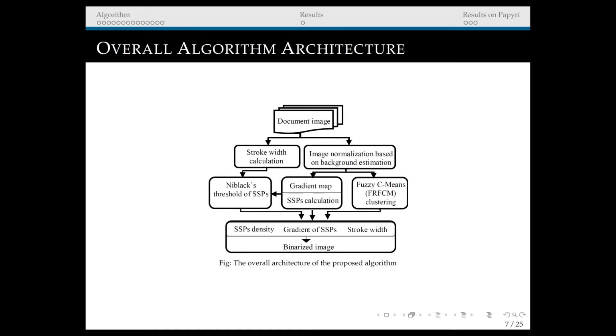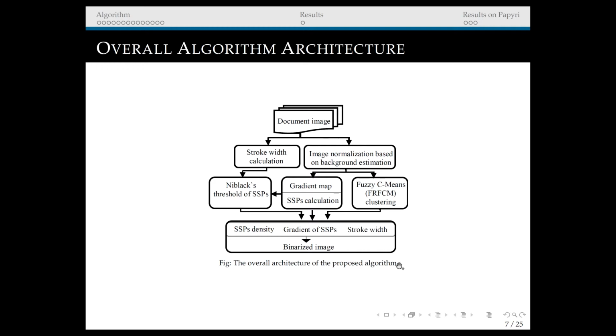Now I will come to the topic of my algorithm. So these are some building blocks of the algorithm. I will be explaining each block separately. So you have the document image. And from the document image, you try to find the width of your characters, the character strokes.